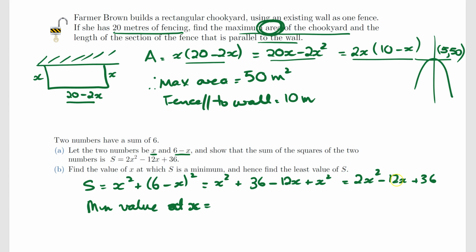So minus minus 12 over 4, so that's plus 12 over 4. That means the minimum value occurs when x equals 3. Now I need to put 3 into any one of these equations. I'm going to go with the first one because I think it will be easier. So this is 3 squared plus 3 squared, so 9 plus 9, so 18 is my answer for this one.